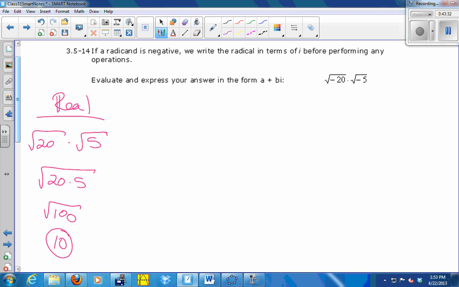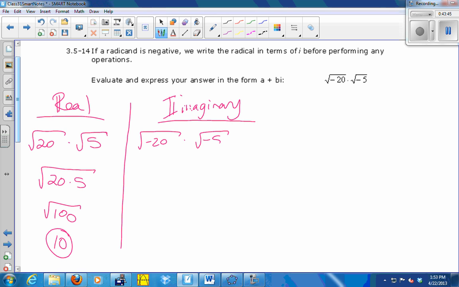Now, if I were to do that with imaginary numbers, if I were to try to follow the same rule, I have the square root of negative 20 times the square root of negative 5.